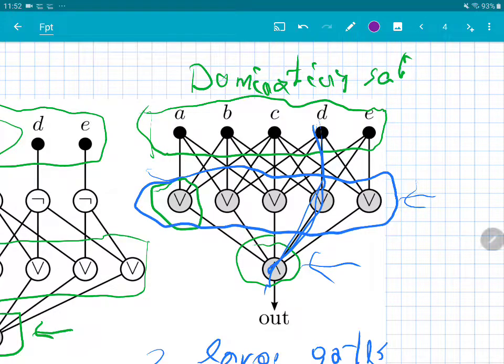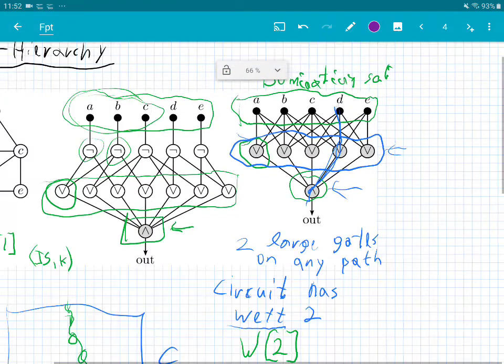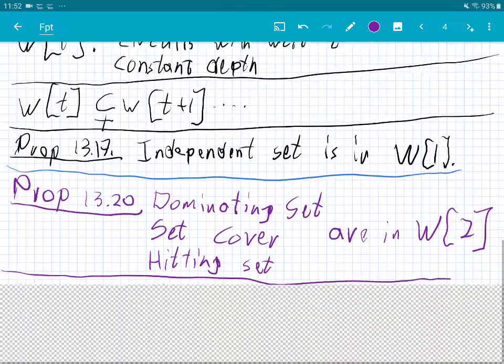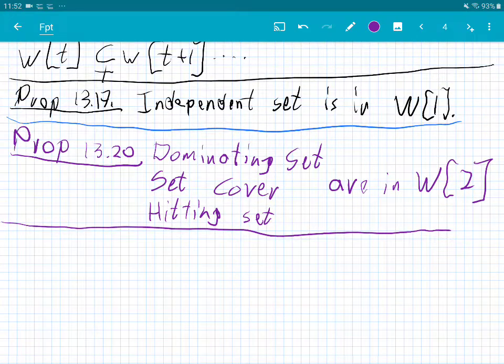Because we're going to have the element in the input, and again, for every set we're going to have an OR gate, which says you have to select an element for every set, and then we take the AND of all those gates. So all those problems belong to W2, right?